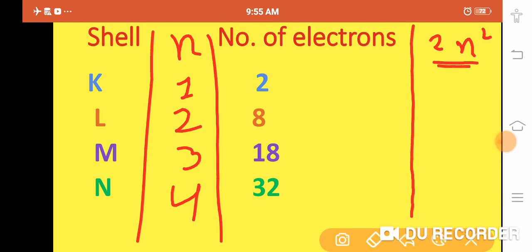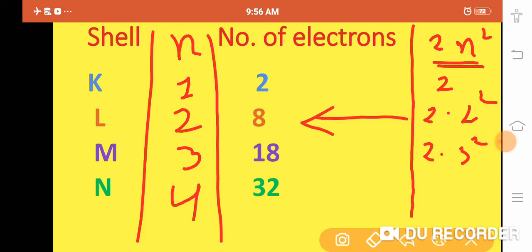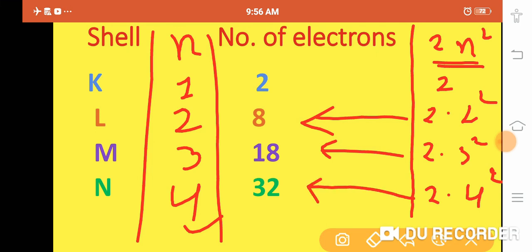If you put the value of n, for K shell n equal to 1, so 2 into 1 square is 2. Here 2 into 2 square, that is 8. Here 2 into 3 square is 18. Here 2 into 4 square, because n equal to 4, so 4 square, 4 fours are 16, into 2 is equal to 32.